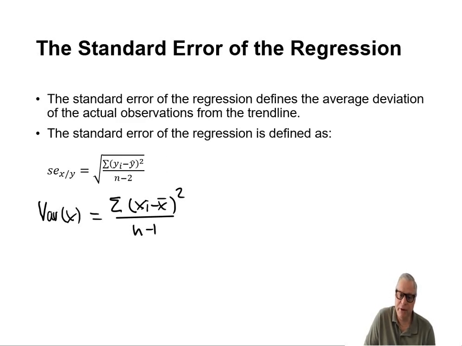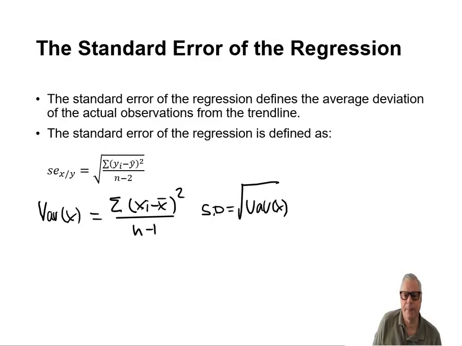Okay, so that is the variance, but nobody wants to know the average squared deviation from something. People want to know the average deviation. So that's why we take the square root of the variance, and that is then the standard deviation. So that would be the standard deviation of x.